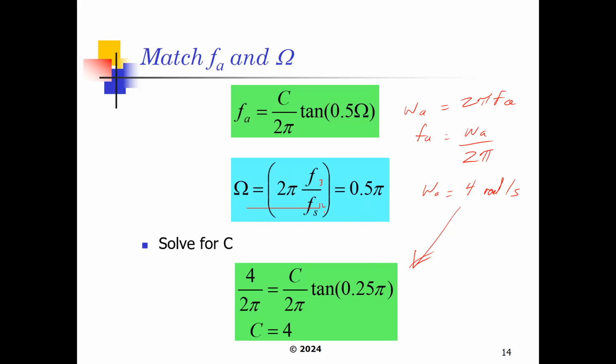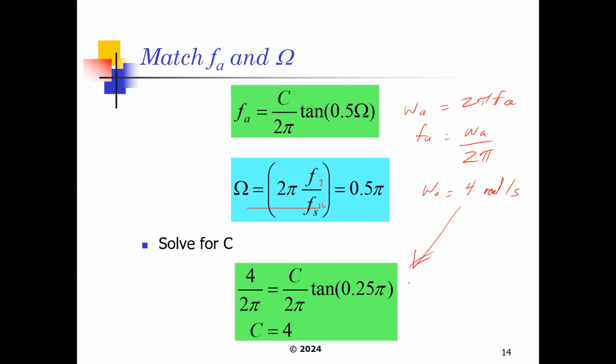That's 6 over 3, that is 0.5 pi, and it is already 0.5 omega, so that will be 0.25 pi. All right? Substitute for there, and you get that C is 4. Tan of 0.25 pi is 1, so C is actually equal to 4. Remember again, keep your calculators in radians when you're doing this kind of thing.